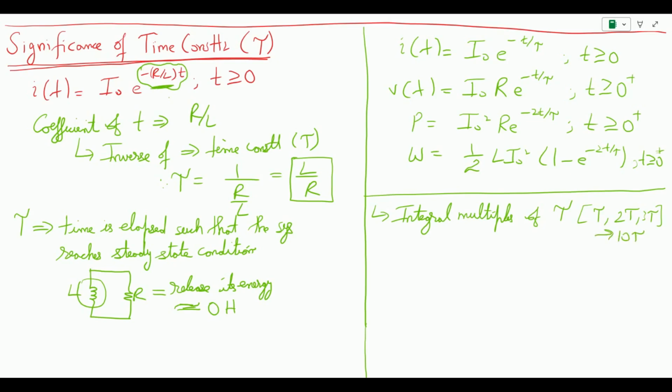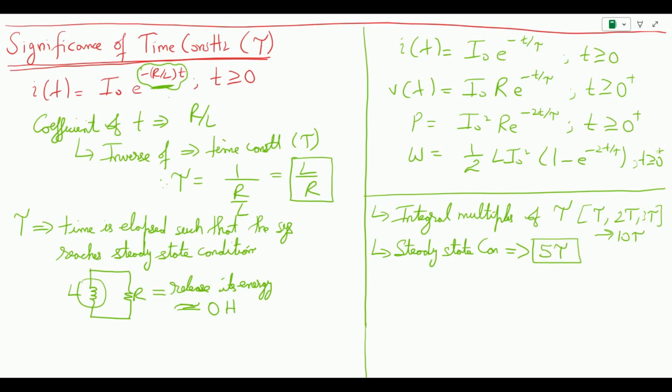But our important point is that our system reaches the steady state condition, as we talked about in the beginning. Steady state condition is reached when we reach the value of 5 time constants or 5 tau.